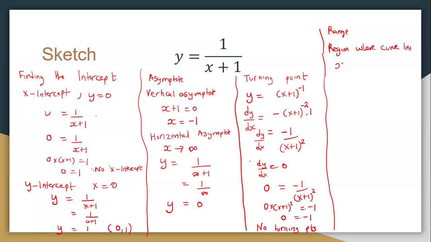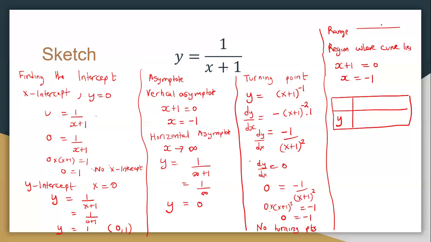So here it means we shall just say x plus 1 is equal to 0. Our x is equal to negative 1. So that means that in your table, you just have one thing, whereby this is my y. So in case you are using your number line, here you get a value less than negative 1 and a value that is above negative 1.